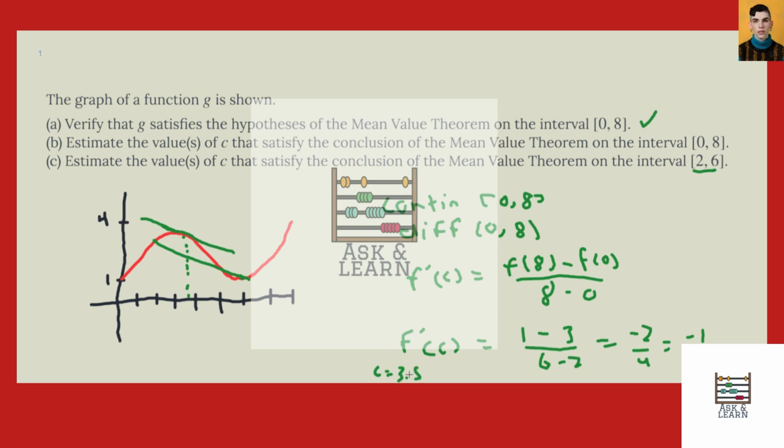And then our next value is right at this tangent. If you take a line through right here, this also looks very similar to our average slope, and that is around 5.5. So there you go. Those are our two values that satisfy the mean value theorem.